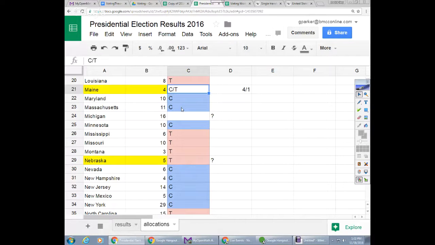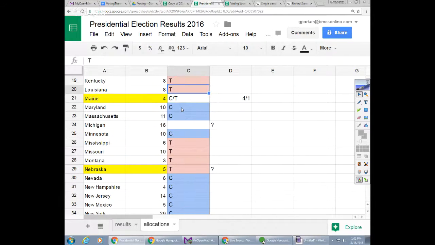So although, I'm trying to remember, I think Clinton got more of the popular vote than Trump. So of the 4 electoral votes Maine has, Clinton got 3 of them and Trump got 1 because of the way the popular vote went. And then something weird happened in Michigan that I haven't figured out yet. I have to do some research on that.